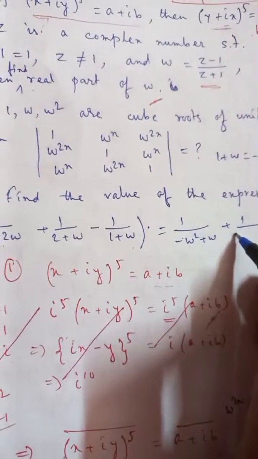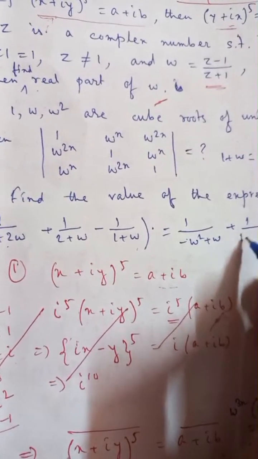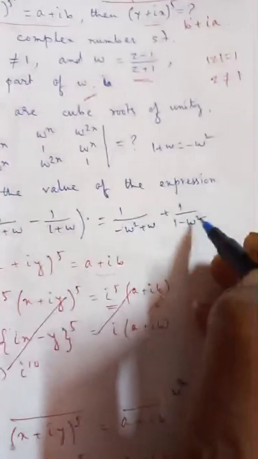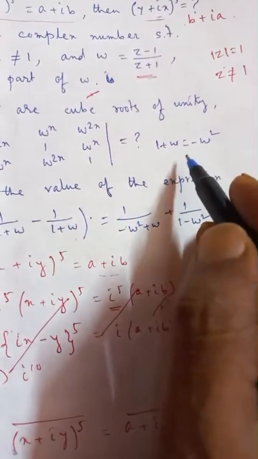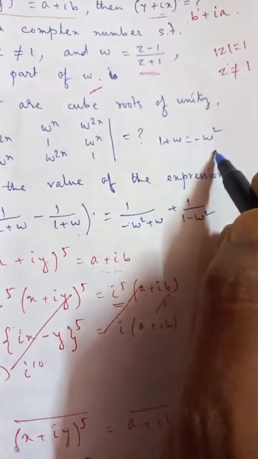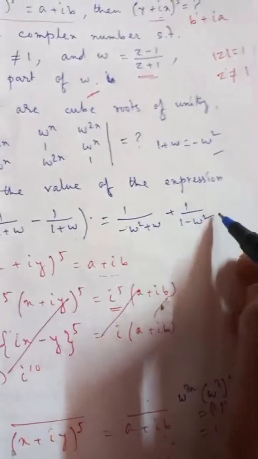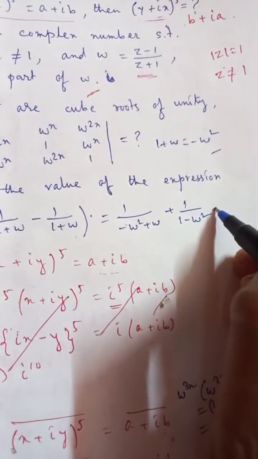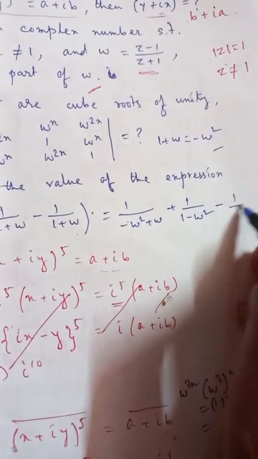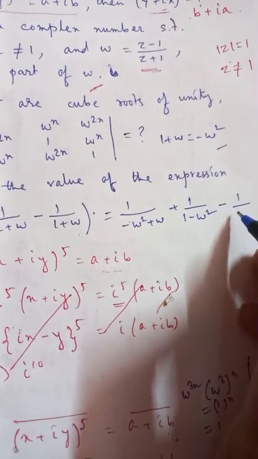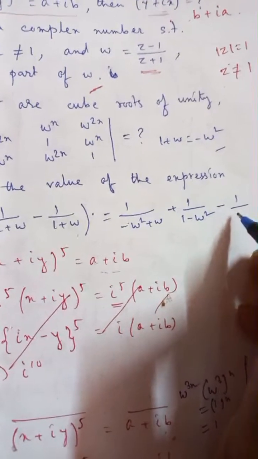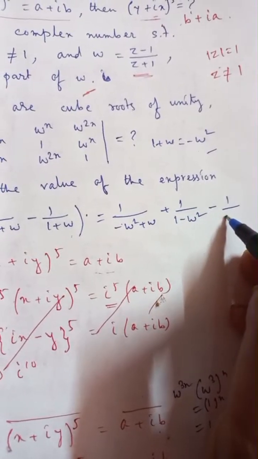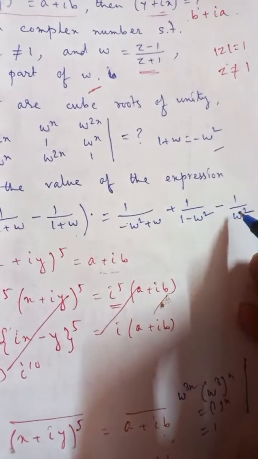This will be 1 minus omega square, and this will be minus 1 by omega square.